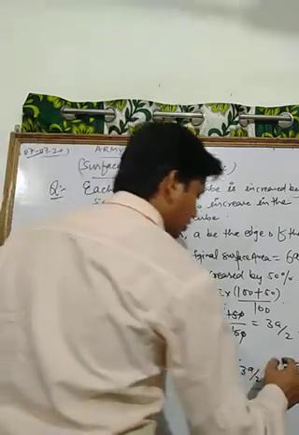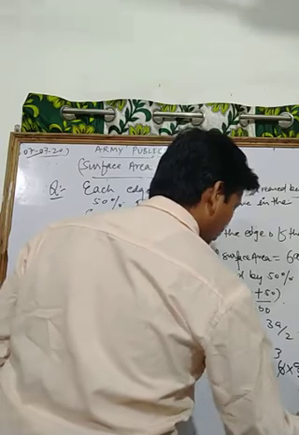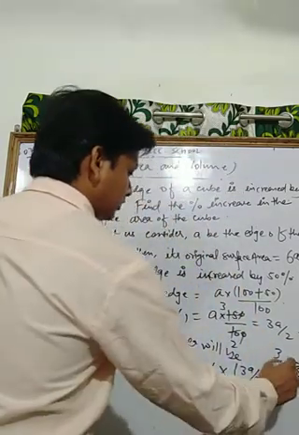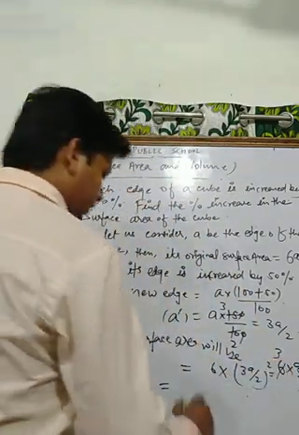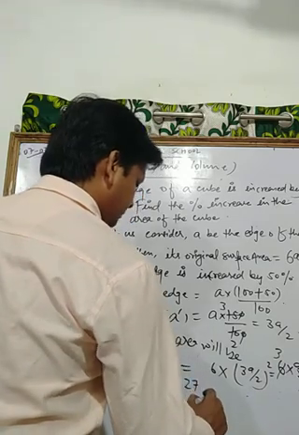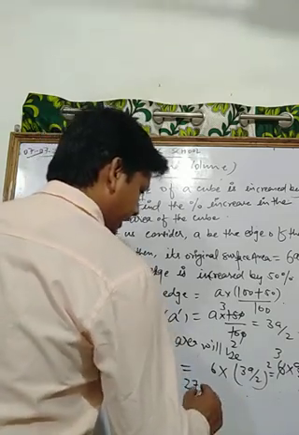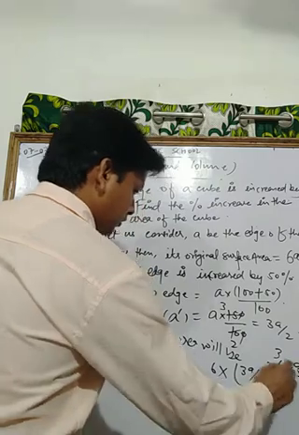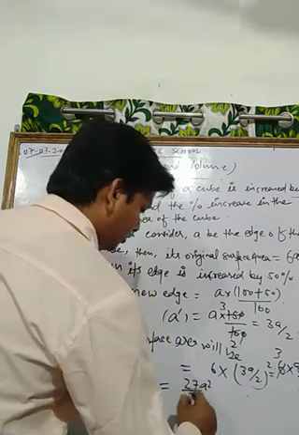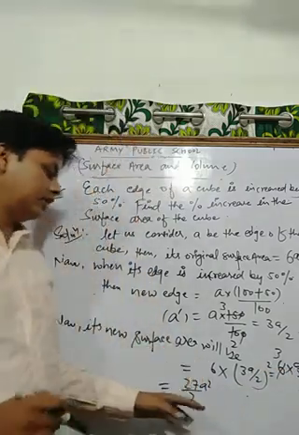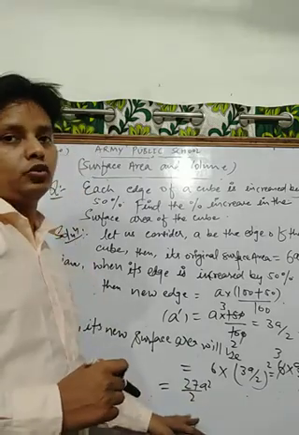Then 2 threes are 6, 2 twos are 4, so 3 nines are 27, 27a square upon 2. This is the new surface area of the cube.